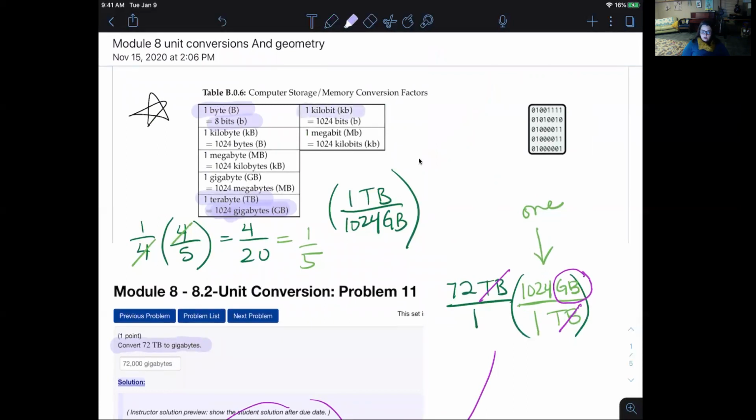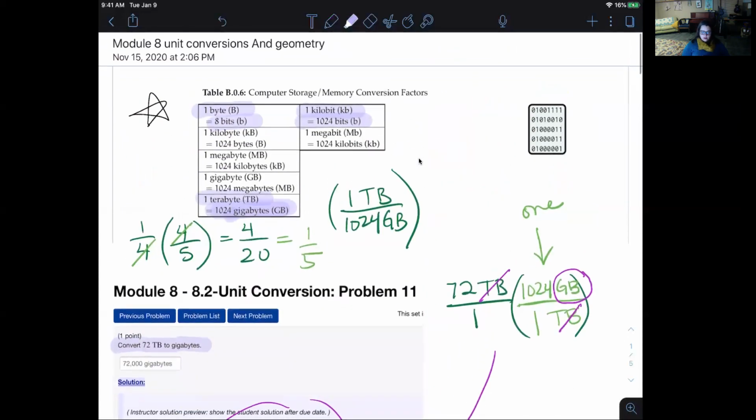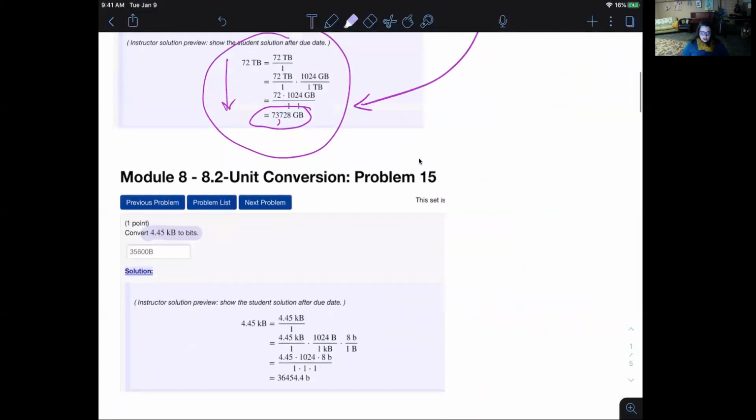Is that right? No, K little b. Oh, this is K big B, so this is kilobytes as opposed to kilobits. We want kilobytes and we're changing that to bits.